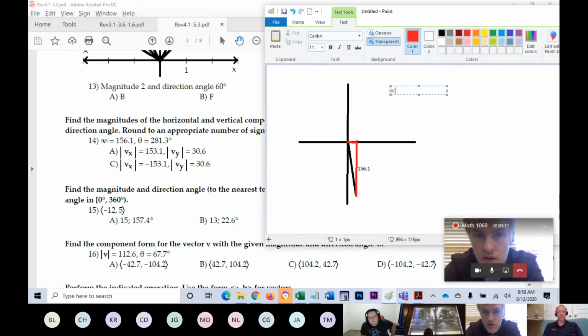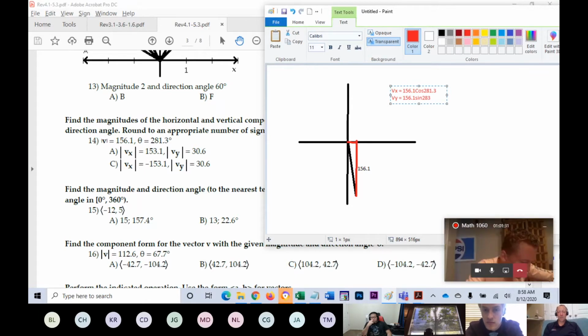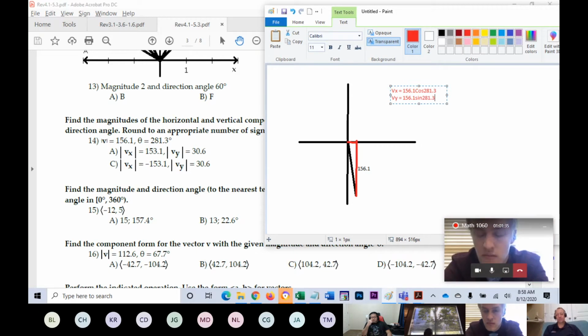So 156.1 cosine of 281.3 to solve for the x, that equals x, and then y equals 156.1 sine of 281.3. Okay. No, that was easier than I suspected. That was easy.